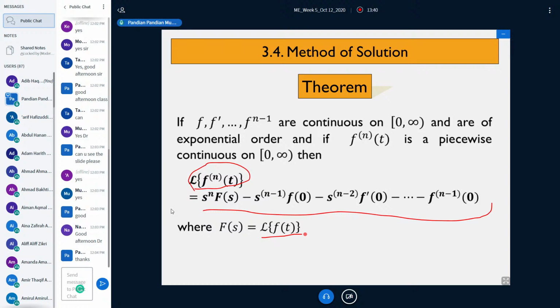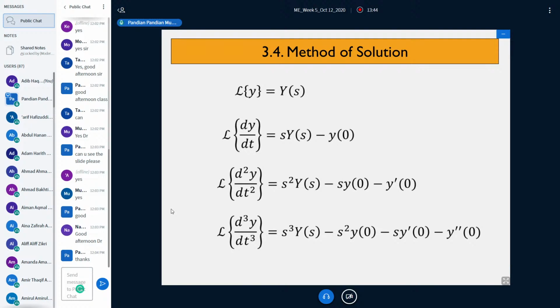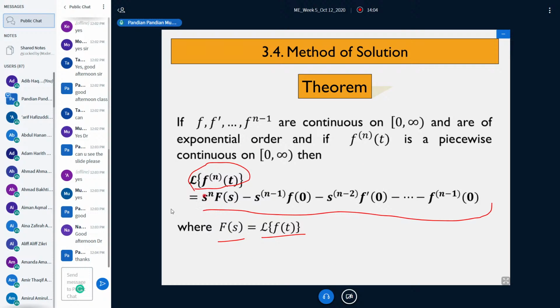The Laplace of f(t) is capital F(s). Now you have this formula. So this is s squared Y(s), that is capital F(s), minus s f0, this is y0, minus f dash 0. So Laplace of y(t) is Y(s). So Laplace of dy/dt, we create this from this equation.